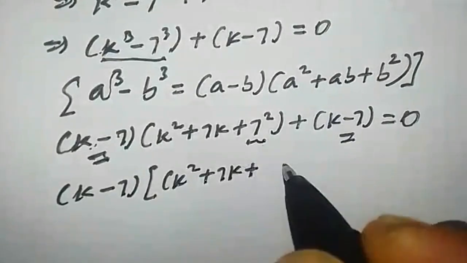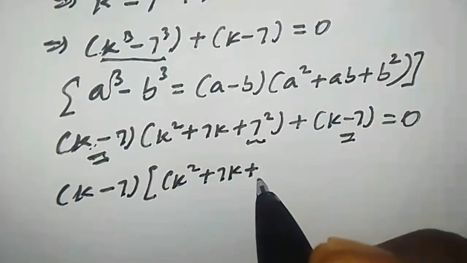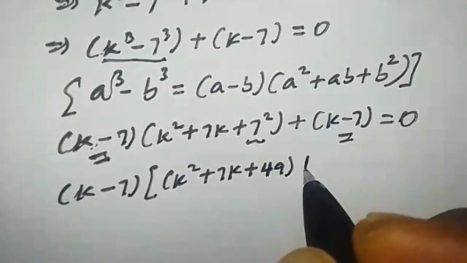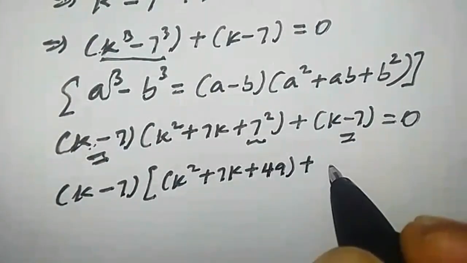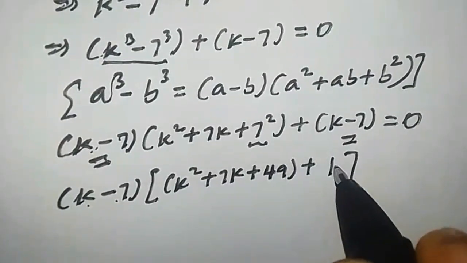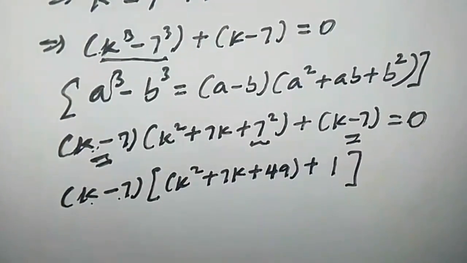What is 7 square? 7 square is 7 times 7, 49. Close the bracket. Plus, this now becomes what? It becomes 1, because K minus 7 times 1 gives back this. Let's continue.